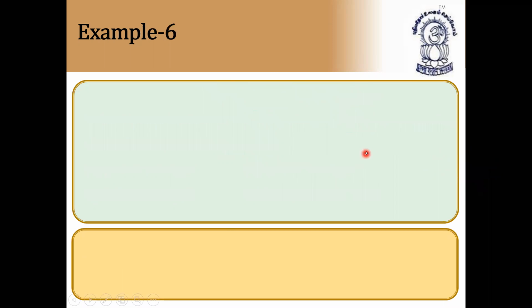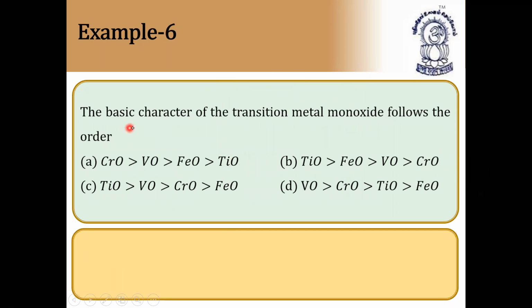Next, question number 6. The basic character of transition metal monoxide follows the order. As we already know, metals in their lower oxidation states are basic in nature.